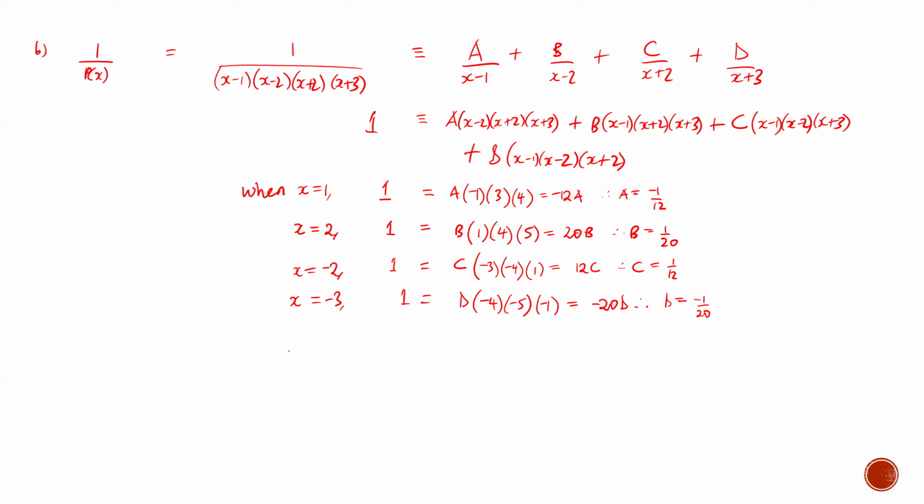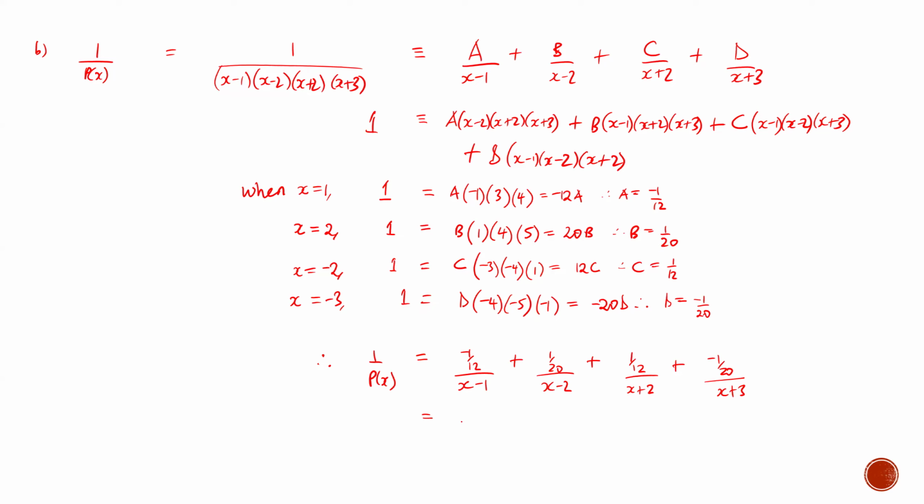So once you have this, we have our coefficients. Therefore, 1 over p of x is equal to negative 1 over 12 times 1 over (x minus 1) plus 1 over 20 times 1 over (x minus 2) plus 1 over 12 times 1 over (x plus 2) plus negative 1 over 20 times 1 over (x plus 3).